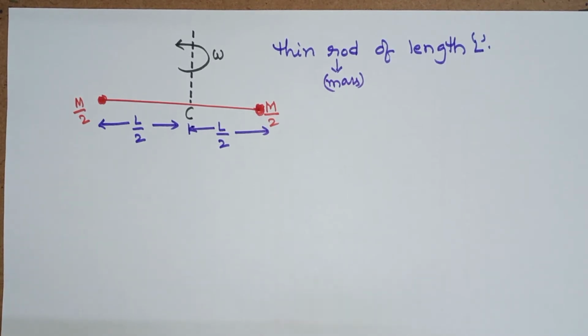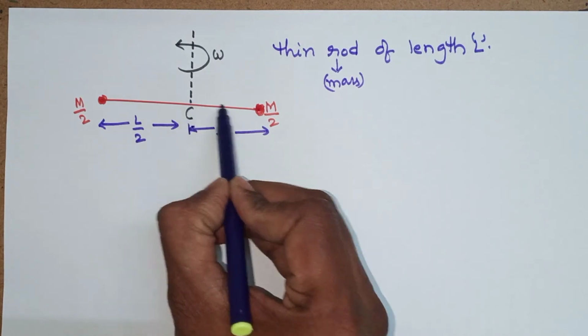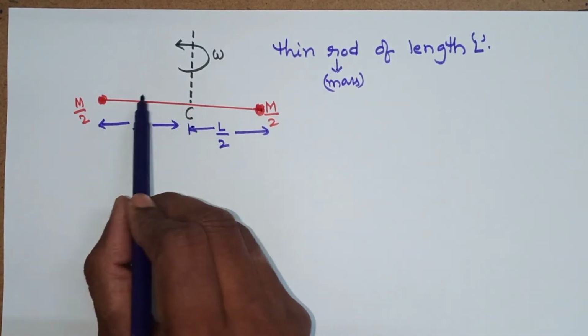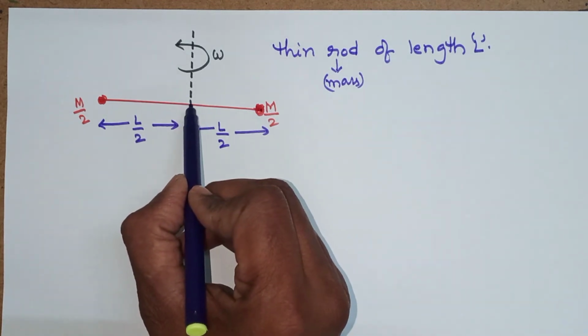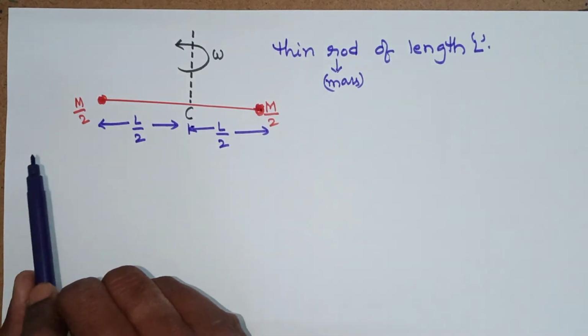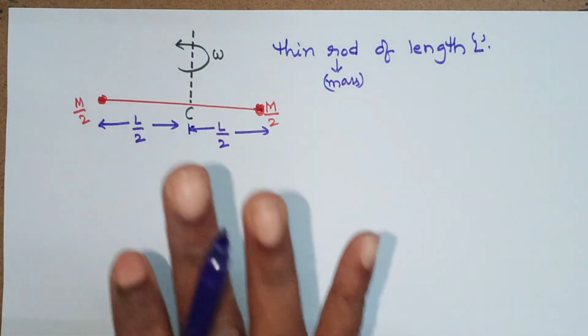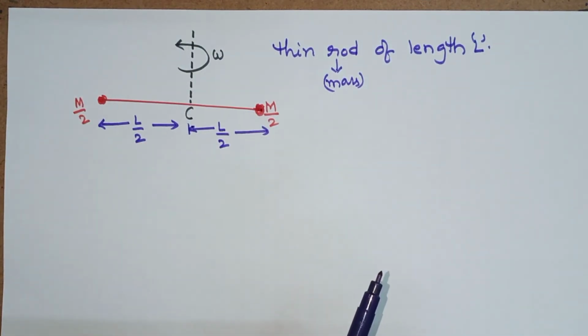Now what is happening? From the axis to the particle we consider the distance is L by 2. Now we are considering the axis exactly at its center. If you change the axis, that is different, where we apply the parallel axis theorem, but this is beyond the syllabus now.